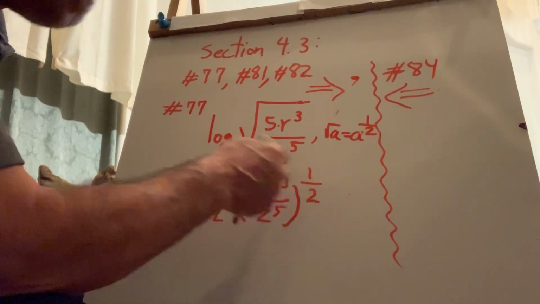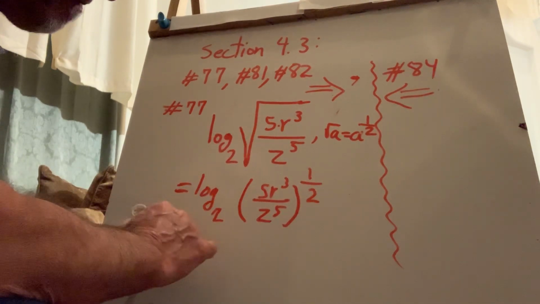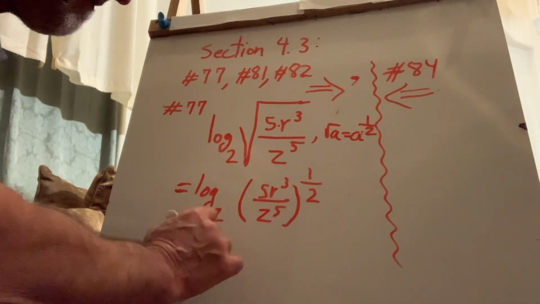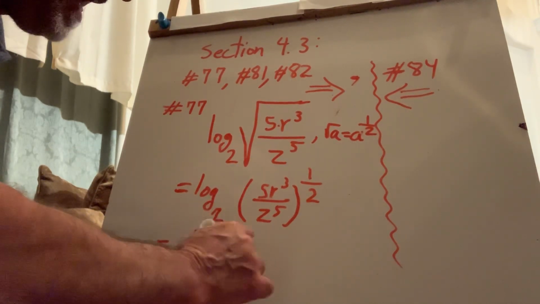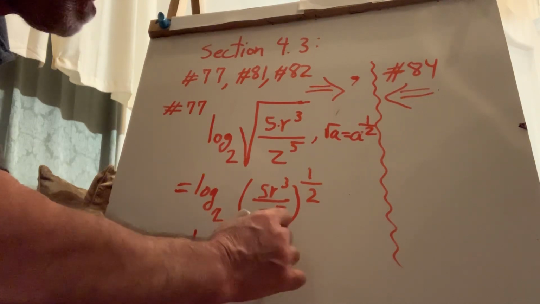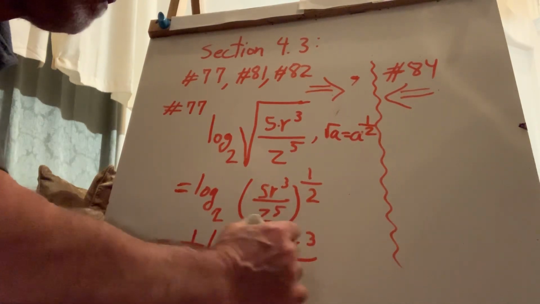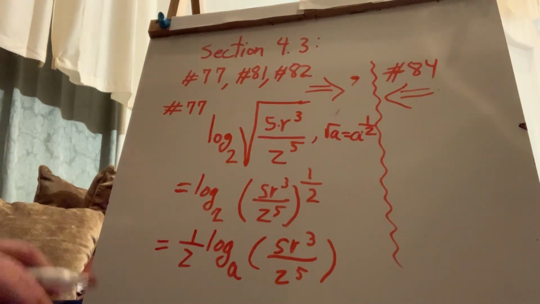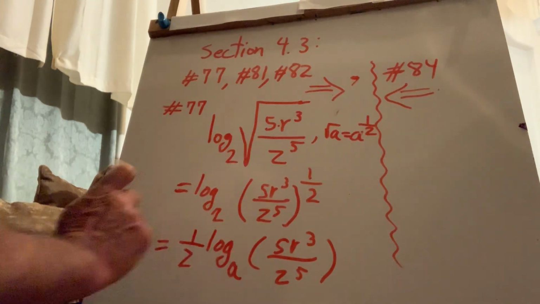The rule says you can bring the power and put it in front. So by the power property, we can rewrite that as 1/2 log base 2 of 5r cubed over z to the 5th. Okay, so that was our step.